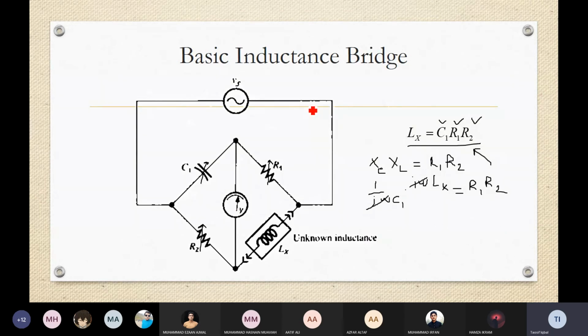So now let's find out how we are going to get the unknown inductance.